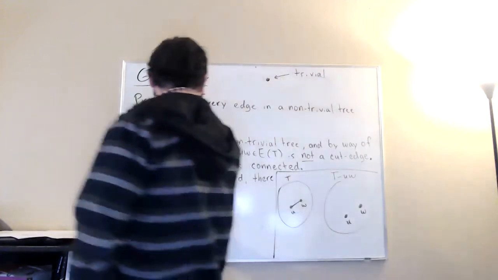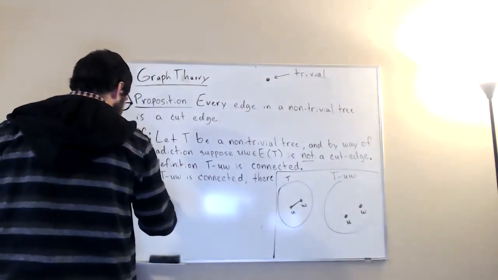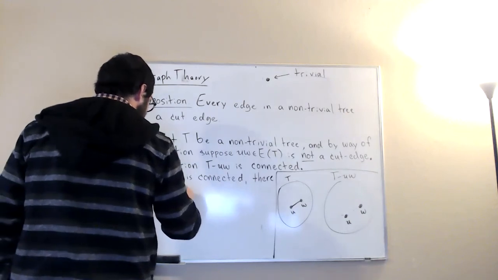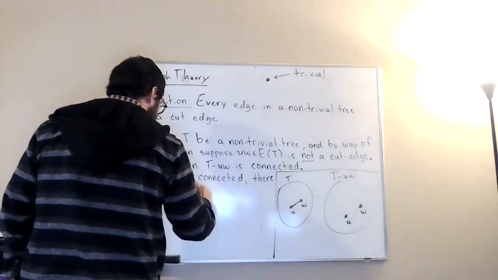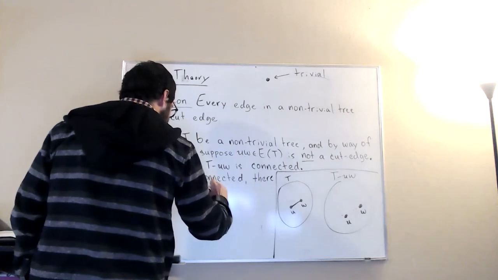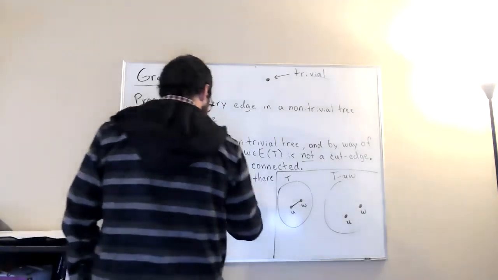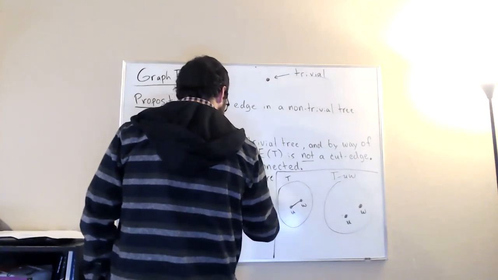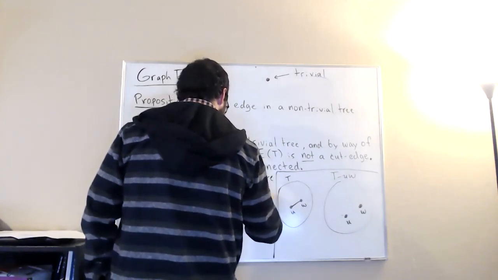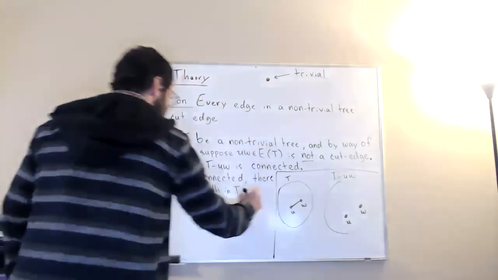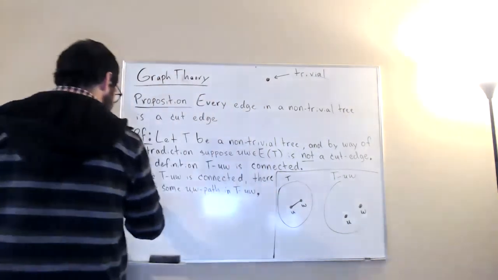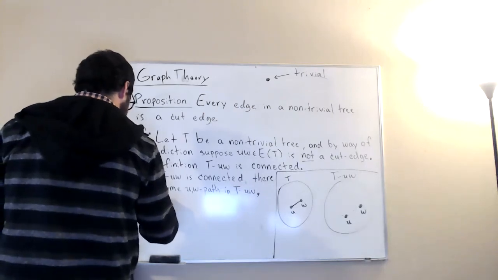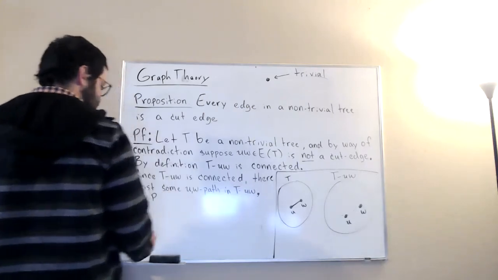So there exists some UW path in T minus UW. And I'll call it P. Okay.